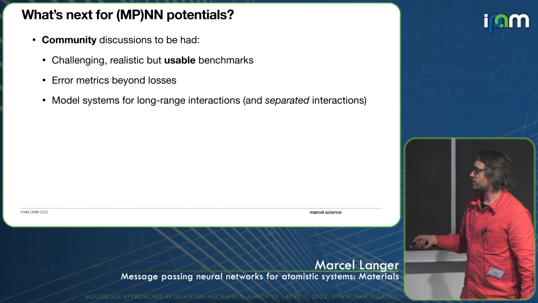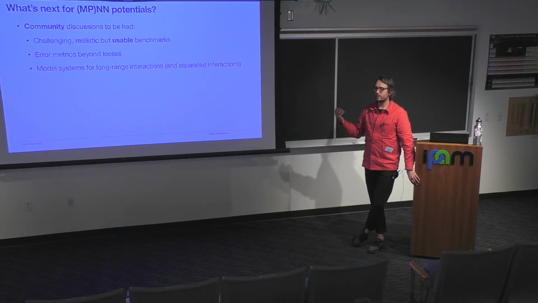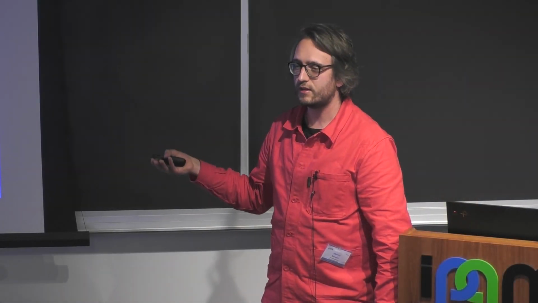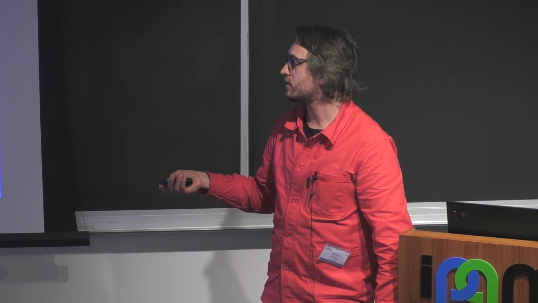But of course, this is not really realistic, because in reality, no one really cares about the loss. You care about dynamic properties, you care about the actual physical behavior of the system you're modeling. I think putting this into a form where you have a benchmark that can be used by people who are not physicists, and that can also be afforded by people who don't have a supercomputer, is a very important task to work on, because you can't really compare models if all you ever have is some losses on some fixed data set.